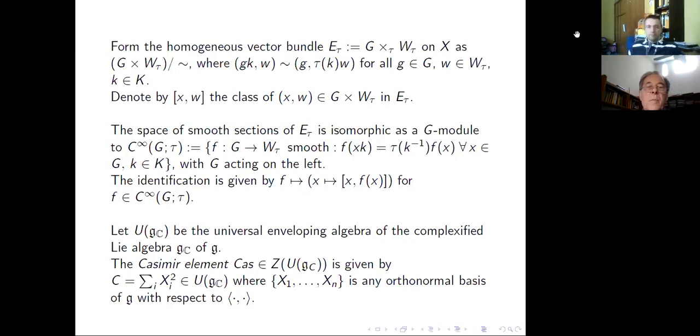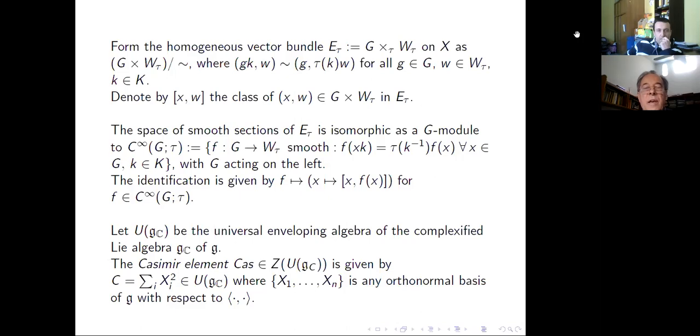Now we look at the space of smooth sections of E tau. It is isomorphic as a G-module to C infinity (G, tau), that is smooth functions from G to the finite dimensional vector space W tau that transform according to tau on the right, with G acting on the left.